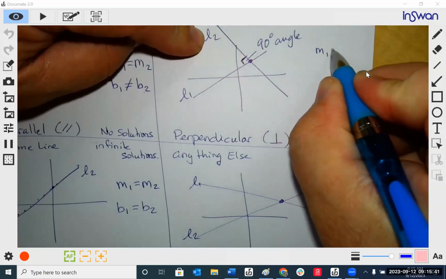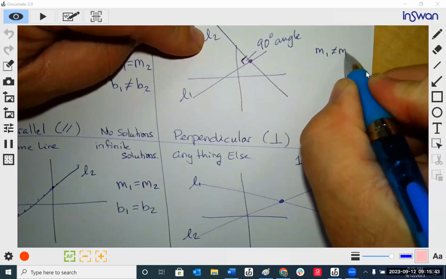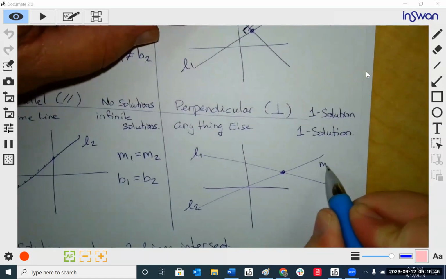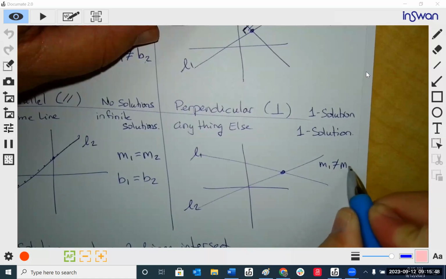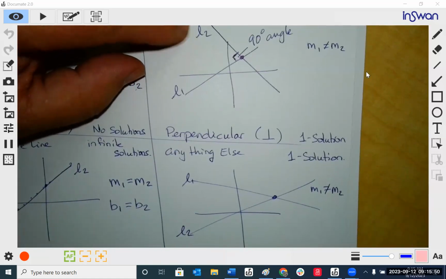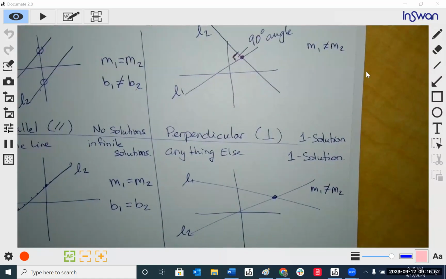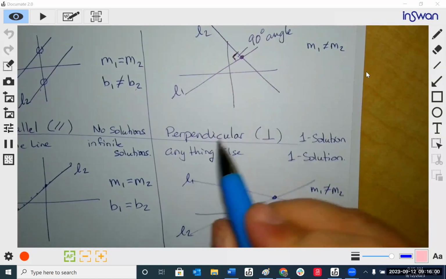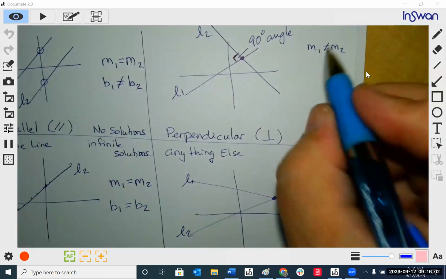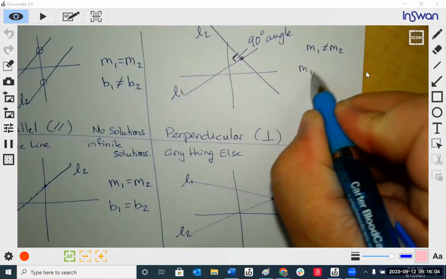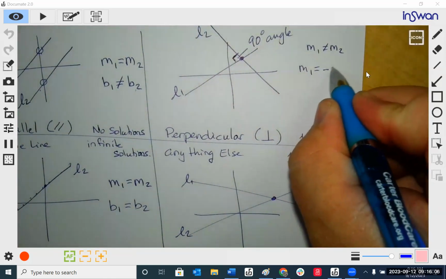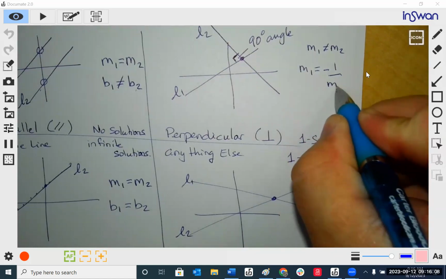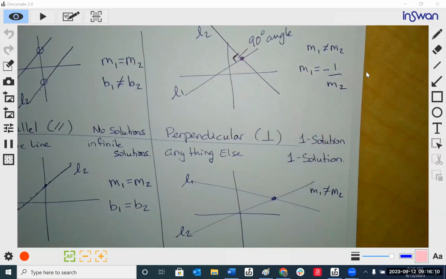So the slope of line 1 doesn't equal the slope of line 2. But how do we tell them apart? For perpendicular lines, the slope of one line is the negative reciprocal of the second line.